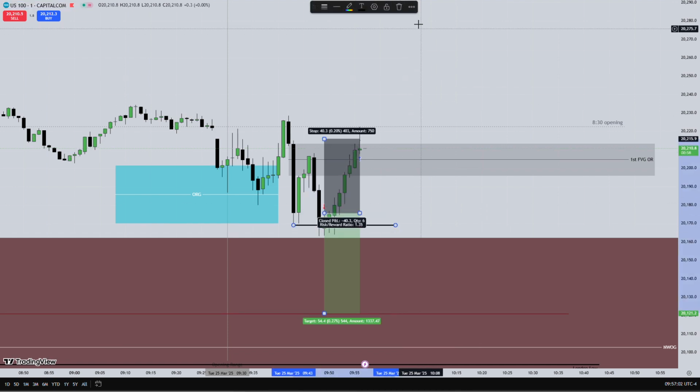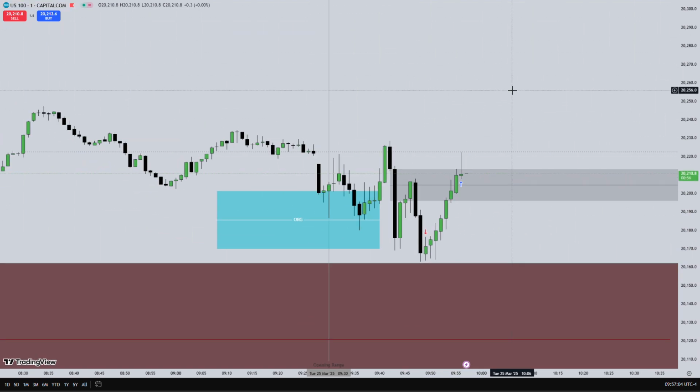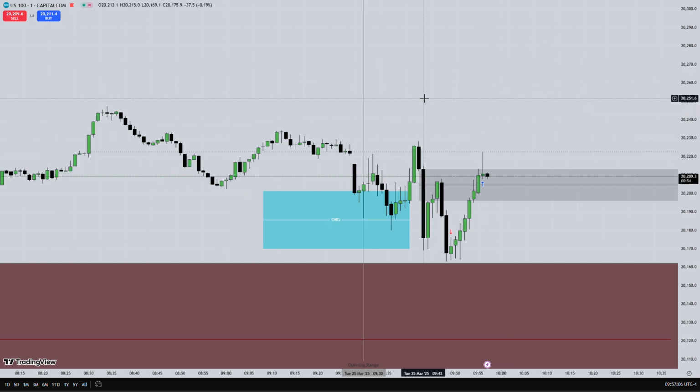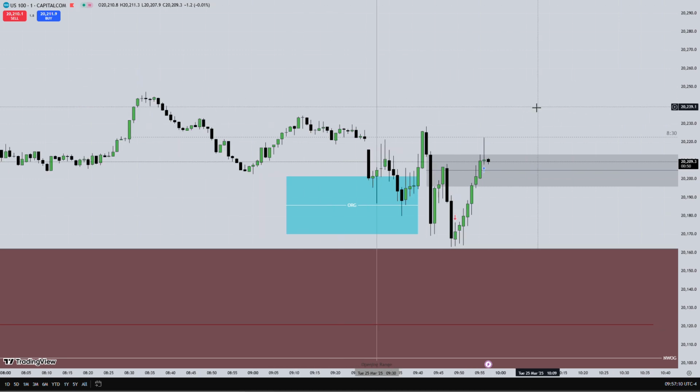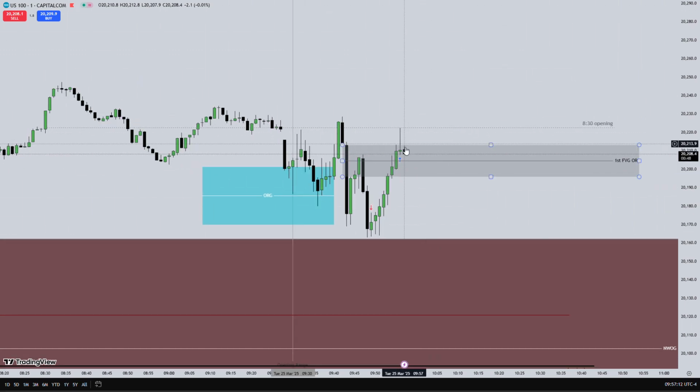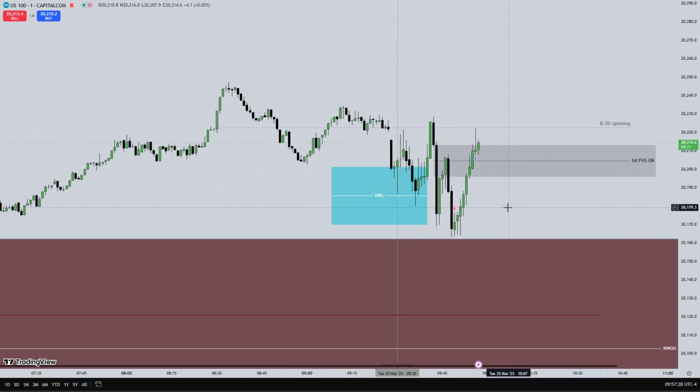But let's see what price is going to do. Okay, it's still closed below, inside of this first presented fair value gap. We don't have a clear trade higher or lower. I want to see a close above it, and if I get that, then I will use it as an inversion. So let's see what we get here.